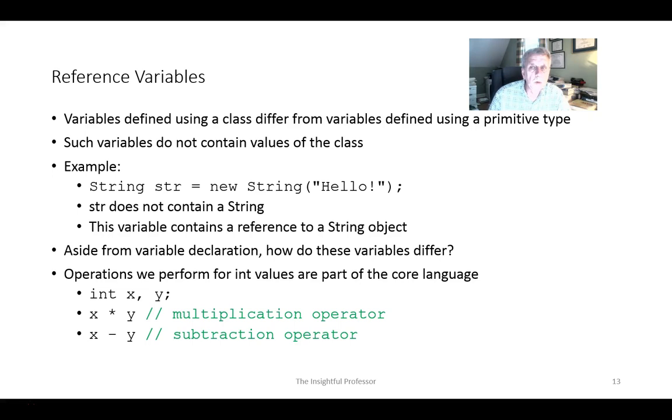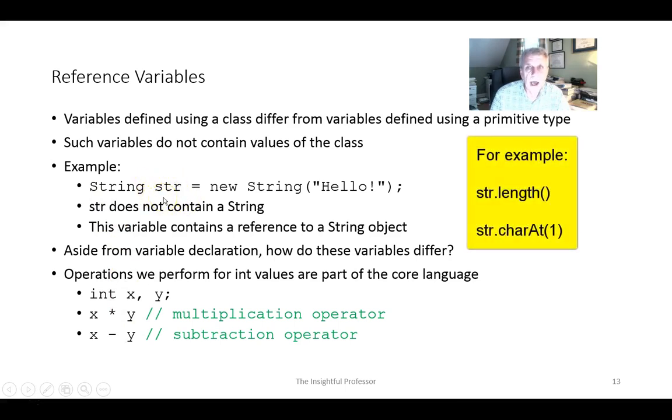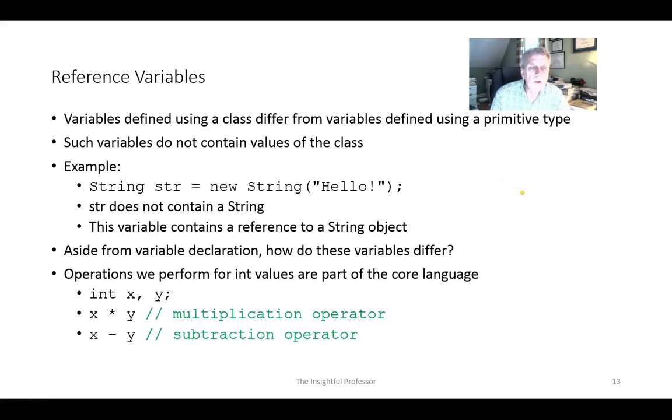But recall that when we're working with an object, hence a reference variable, we use the reference variable then the dot operator to qualify a call to a method for that particular class. So str.charAt, for example, or str.length. Those would be methods invoked specifically for the object to which str is currently pointing or making a reference.